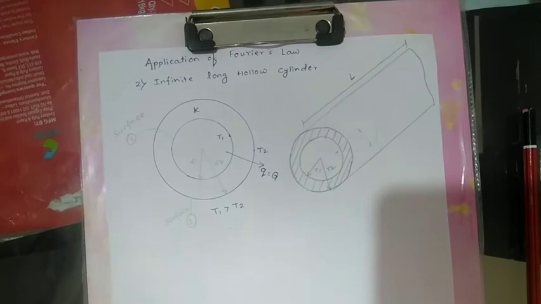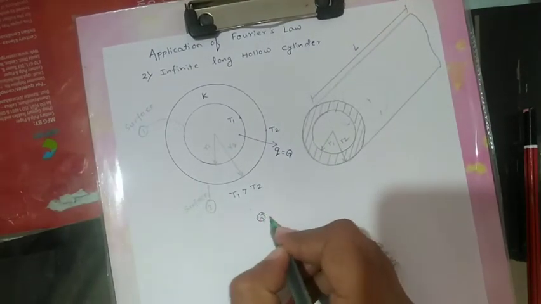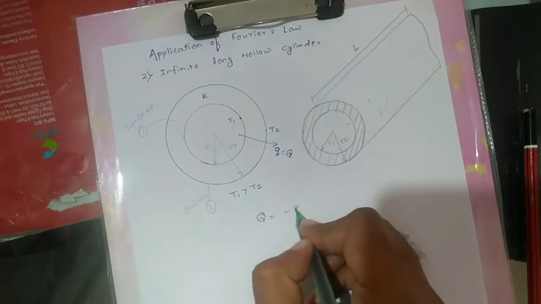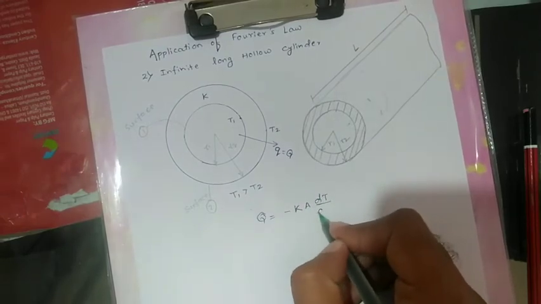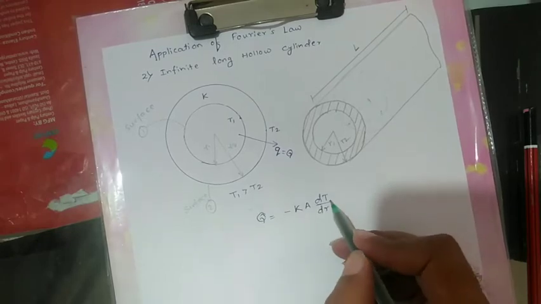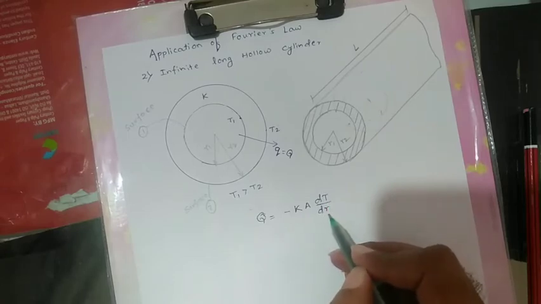Using Fourier's law, we have Q equal to minus KA dT by dr. dT by dr is the temperature gradient across the radius.